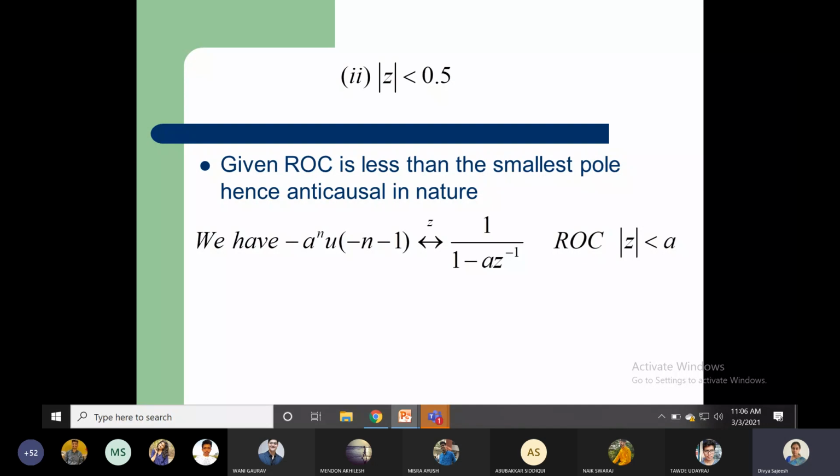The Z transform is the same, but the ROC is less than a. So let us write the signal now as minus 2 into 1 raised to n u of minus n minus 1. Then in the second case, the pole is 0.5, so 0.5 raised to n u of minus n minus 1. Here minus of minus came, that is why the sign became plus.